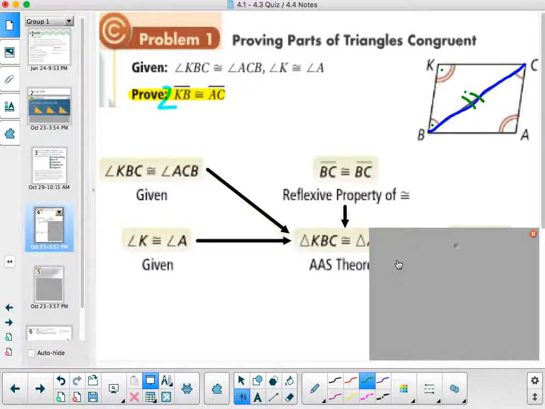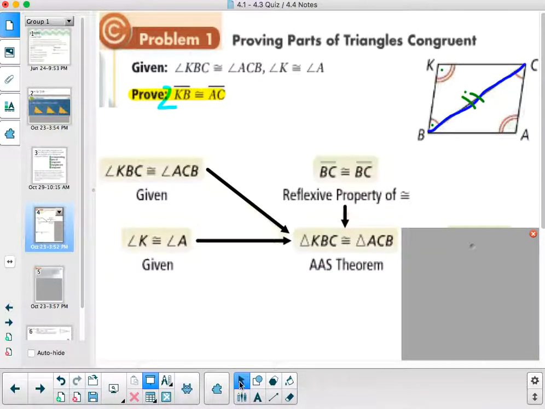So the 2 triangles that are congruent by angle, angle, side would be triangle KBC and triangle ACB. Remember, corresponding parts do have to match up. And that was through angle, angle, side. Well, now that we know that the 2 triangles are congruent, we know that all of their corresponding pieces are congruent, their corresponding parts.